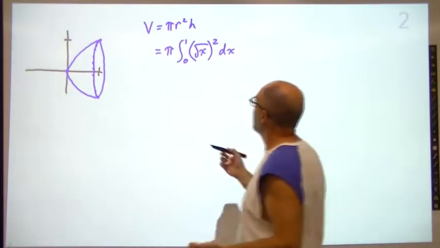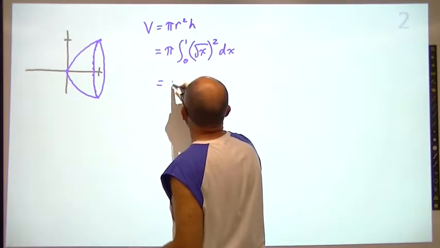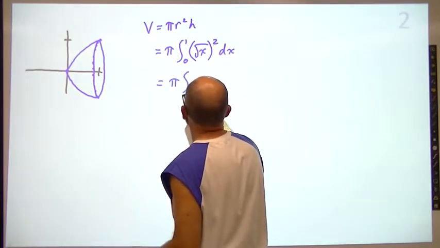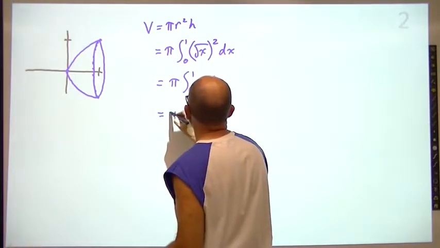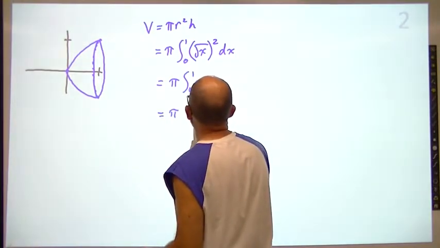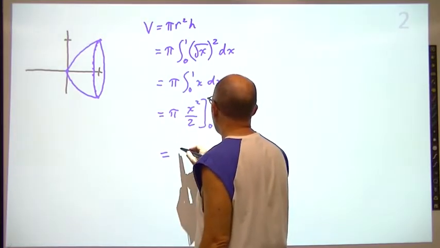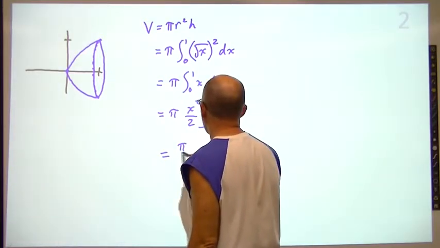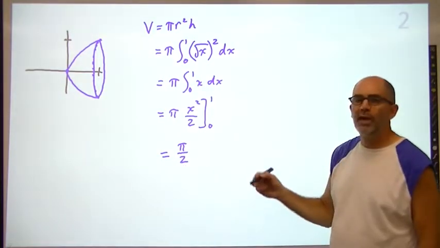Okay, so now this is a piece of cake because the square root of x squared is just x. So this equals x squared over 2 from 0 to 1, which equals 1/2 pi. So that would be 1/2 pi cubic units.